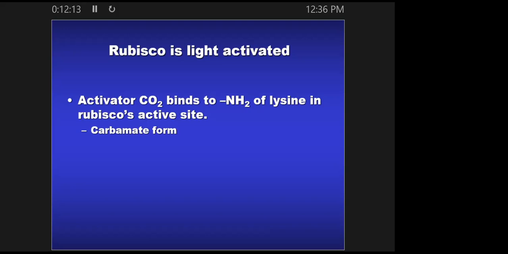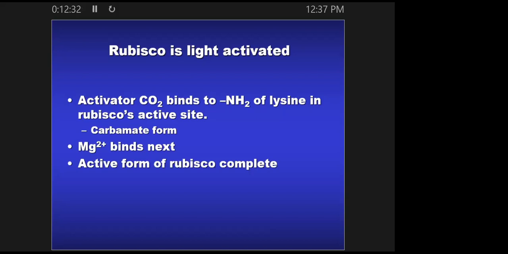Once that activator CO2 has come in, the next thing that has to happen is magnesium comes in and binds with that activator CO2. So you have Rubisco, you have the activator CO2 coming in, and you have magnesium binding to that. Once you have that, then it's complete.